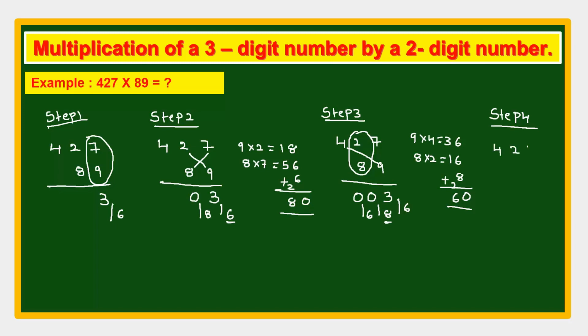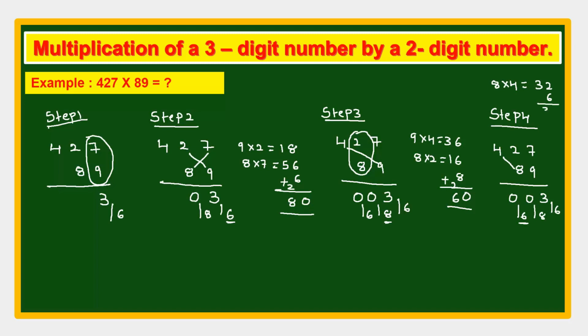4, 2, 7, 8, 9. Already we performed 3 steps and we got 0, 0, 3 and carry forward 6 here, and here carry forward 8, and carry forward 6 here. Right. Now the last step: we have to multiply 8 by 4. It means 8 into 4, 32, and add carry forward 6.